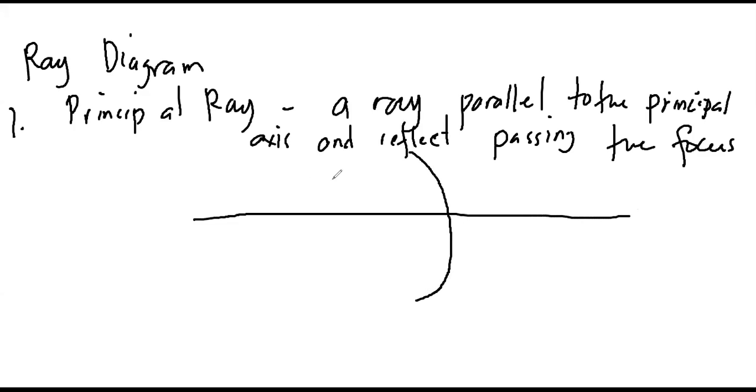Then the third step is you are going to estimate the focal point of the mirror, and of course the center of curvature, from the vertex on the principal axis. So this one is the vertex of the mirror.